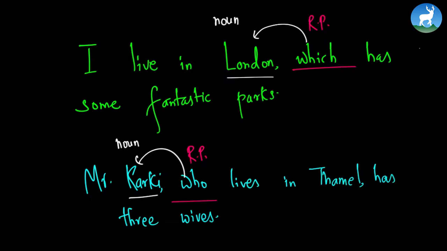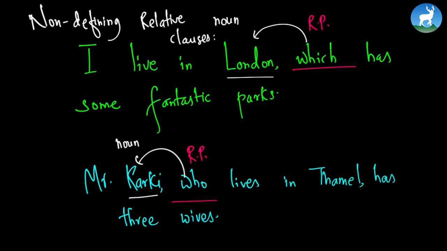That is why these clauses are called non-defining relative clauses, since they do not define the noun in the first clause. And did you notice the use of commas? Commas are used in non-defining relative clauses, while in defining relative clauses, we did not use any commas. That is the main punctuation idea.